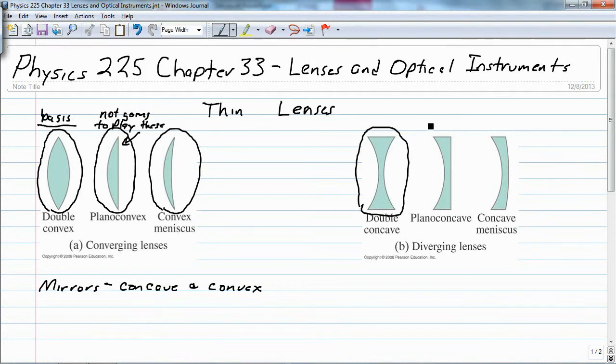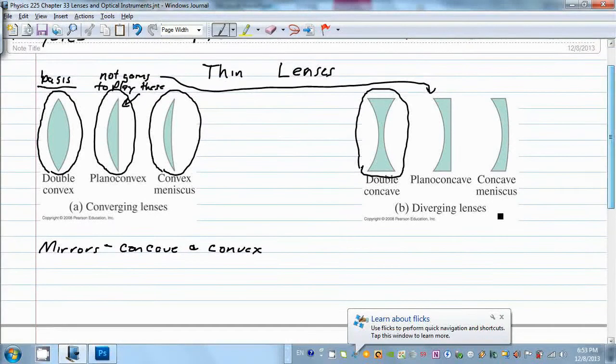The plano concave, which is the same. We're not going to play with this one. And then you have the concave meniscus, which is similar to the convex meniscus in that there's this inside radius with an outside radius. So this concave meniscus and convex meniscus are very similar to each other, and it really just depends on the radius that are provided.